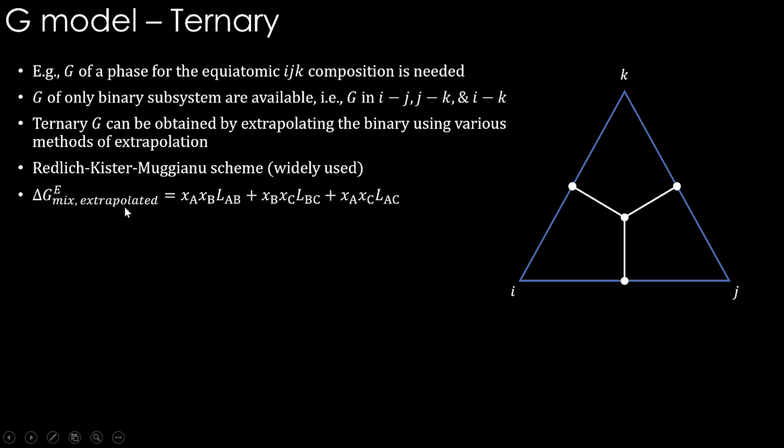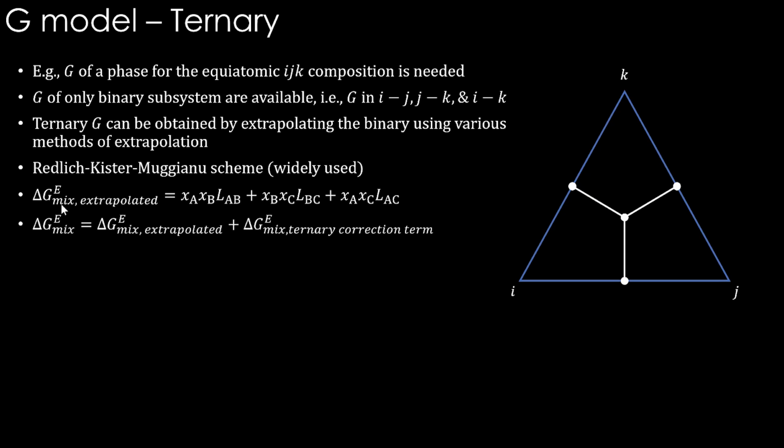This is called the extrapolated excess Gibbs energy of mixing in the ternary phase. And the actual Gibbs energy of mixing of the ternary phase would be this extrapolated term plus a correction term, the ternary correction term. Meaning, if you do the extrapolation, you think that you get the ternary data correctly, which will mostly be right, but there will be some deviations.